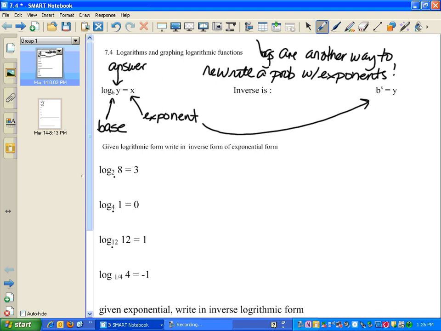Okay. All right. So if I give this to you in log form and I want you to rewrite it in exponent form, you start by asking yourself always 3 questions in this order. What's the base? And what's the exponent?